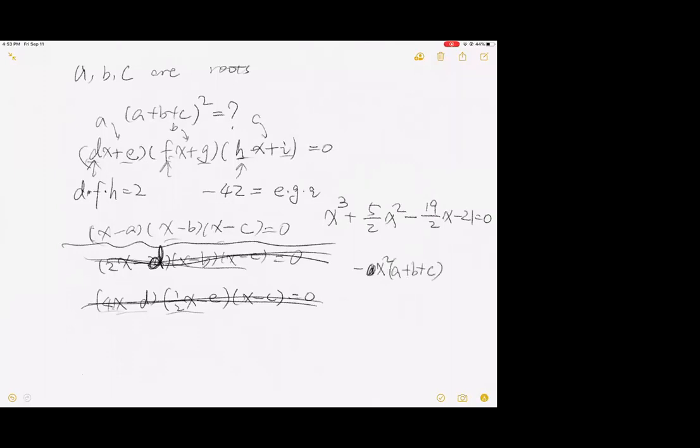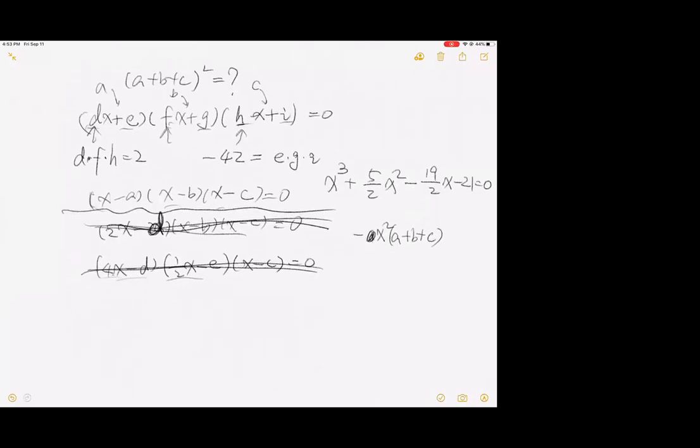Why is that? Where did you get this? Why is the x squared term's coefficient negative a plus b plus c?